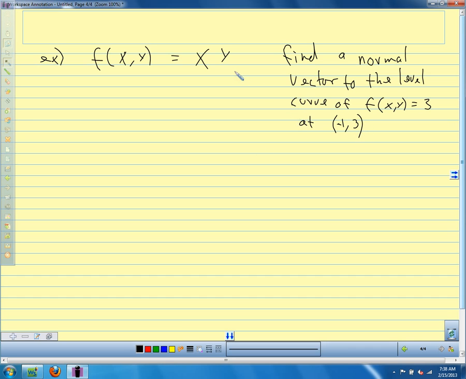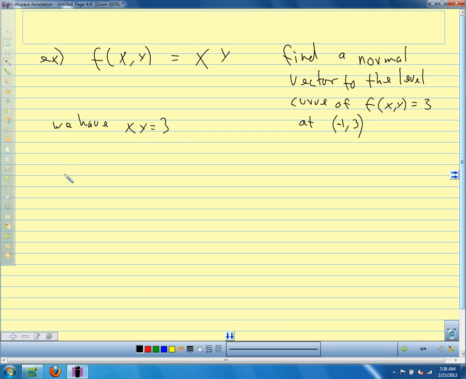So we have this surface. We're talking about a level curve when f of xy equals 3, and we want a normal vector to that level curve. So we have xy equals 3.